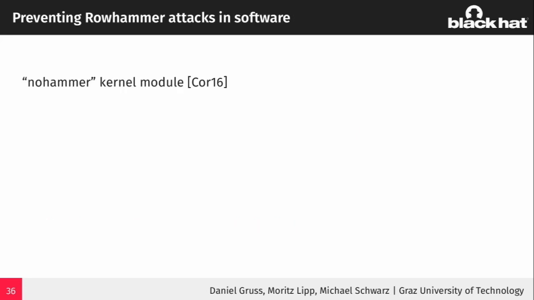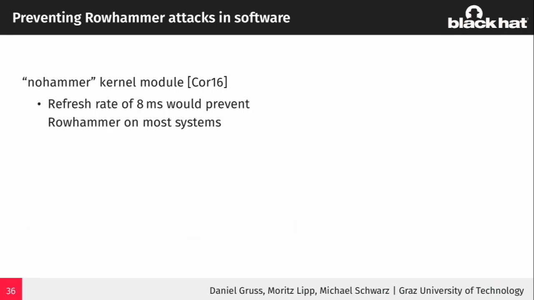But okay, let's go for the no hammer kernel module. That was an idea from the Linux kernel mailing list in 2016. And here the idea was similar as with TRR, but it's purely in software. Quite nice. So basically a refresh rate of 8 milliseconds would prevent row hammer on most systems. That's what we heard before. Factor 7 above the current refresh rate is fine, so factor 8 is also fine.